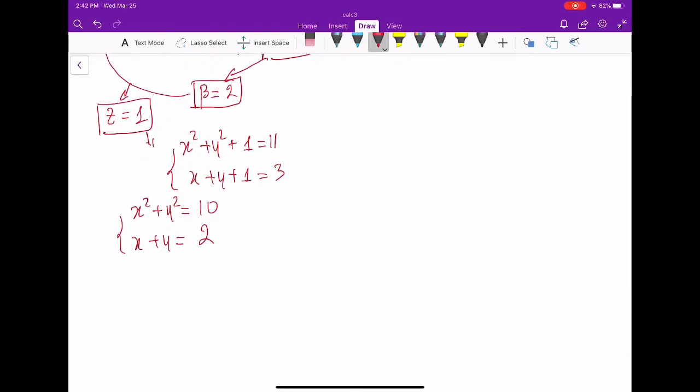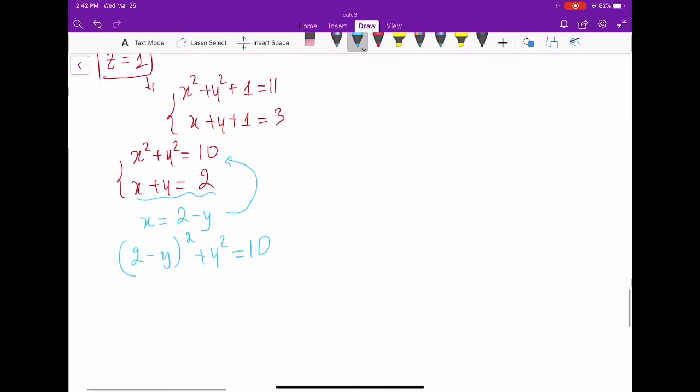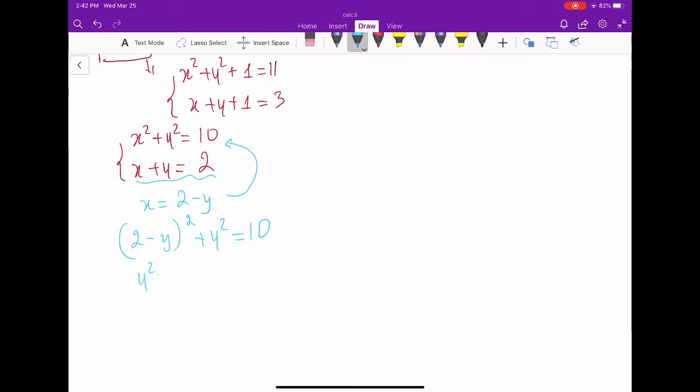From the second equation, you get x equal to 2 minus y, and you plug this into x squared plus y squared equal to 10. So you get (2 minus y) squared plus y squared equal to 10. And then that is y squared minus 4y plus 4 plus y squared equal to 10, or 2y squared minus 4y minus 6 equal to 0.